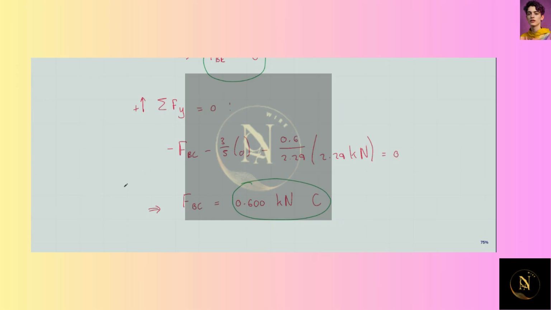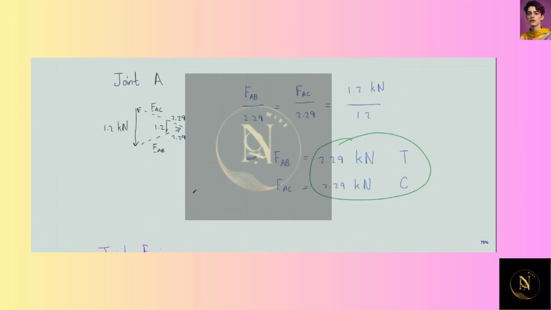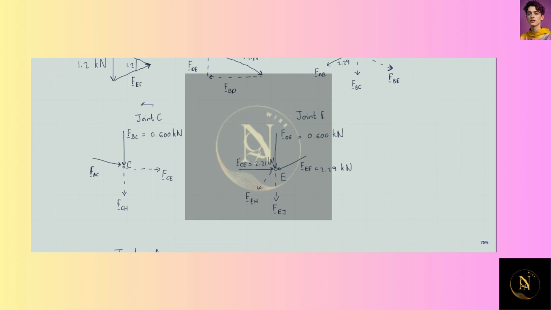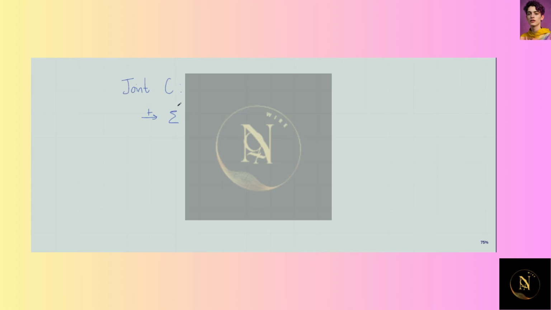Now we move on to the free body diagram for joint C. So we've drawn the free body diagram for joint C as circled here. Now, from this free body diagram, we can calculate the forces required as follows. Again, if we take the right direction as positive and we take the sum of all the forces along the x direction, this again must be 0.